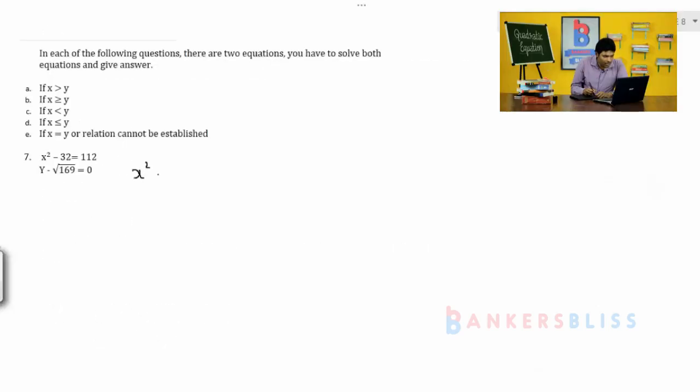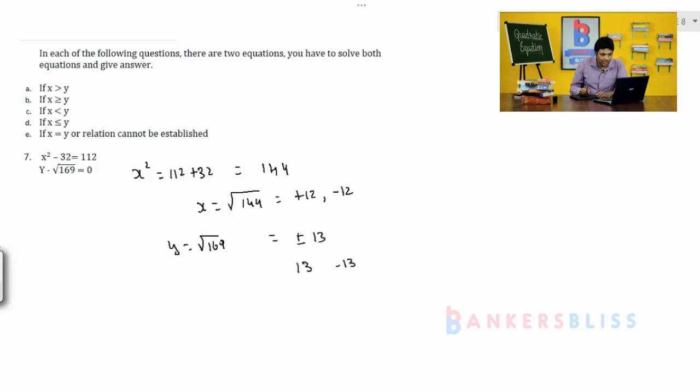X square is equal to 112 plus 32 we can write, which is equal to 144. Therefore, x is equal to root of 144, which is equal to plus 12 comma minus 12. Next, y is equal to root of 169, which is equal to plus or minus 13, which is plus 13 and minus 13.